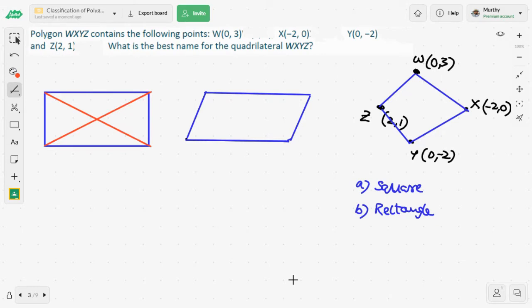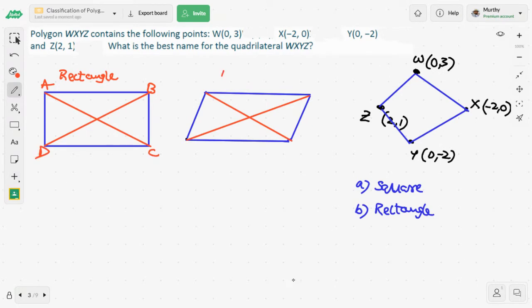And you see the difference between the length of diagonals in both the pictures. In a rectangle, the diagonals are equal, which means length of AC equals length of BD, right?